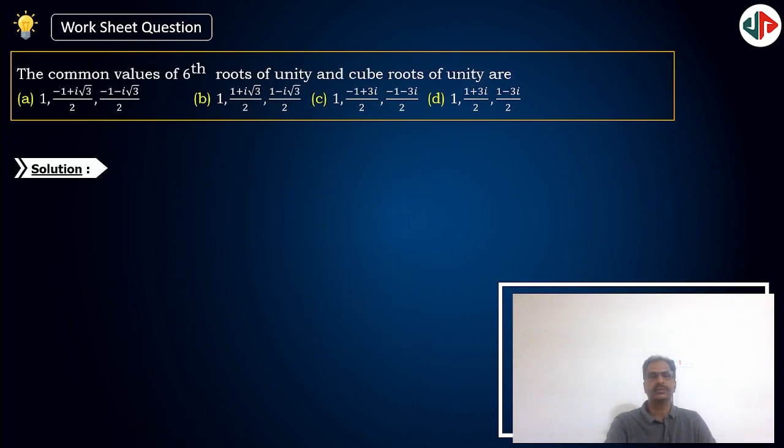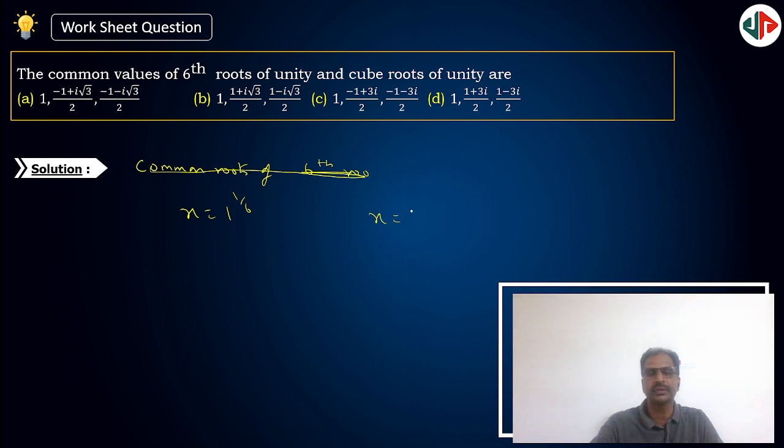Next, the common values of sixth roots of unity and cube roots of unity. There is a shortcut formula for this. Sorry, this question is not number of common roots, right? Common values of sixth roots of unity. Sixth roots of unity means 1 power 1 by 6.